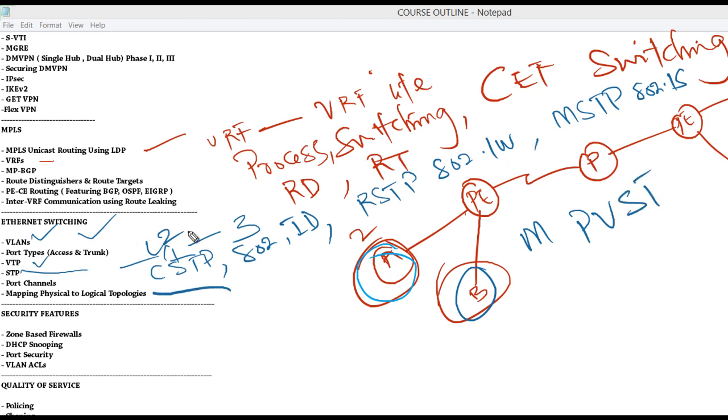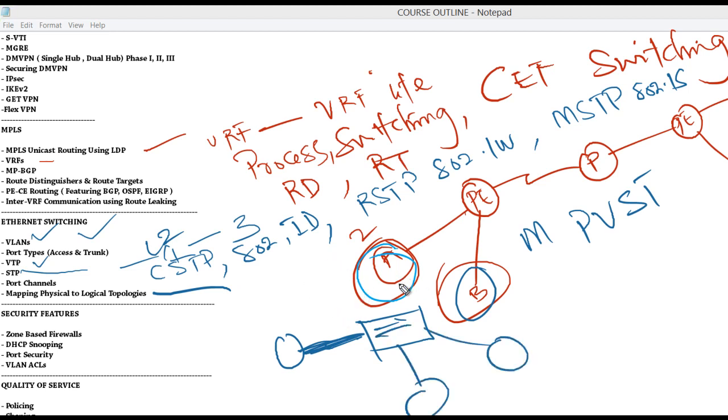We talk about mapping physical topologies to logical topologies. For example, let me say I can have three routers connected to this switch: router 1, router 2, and router 3.